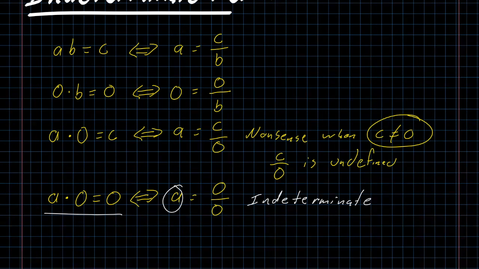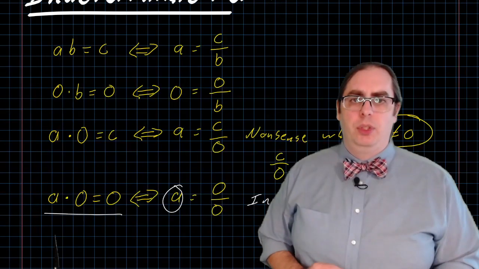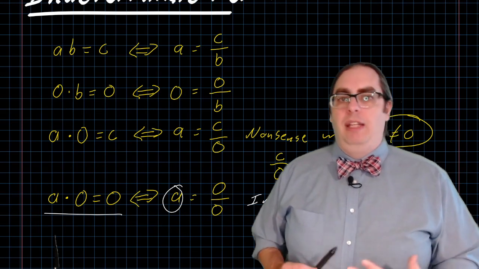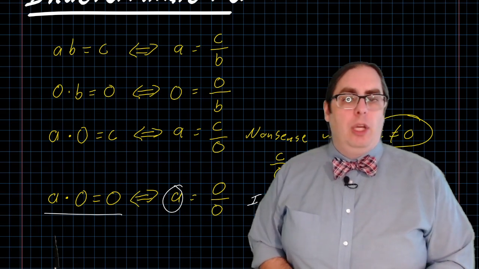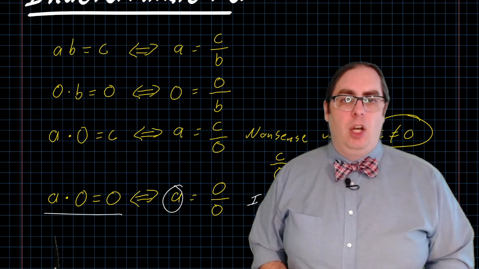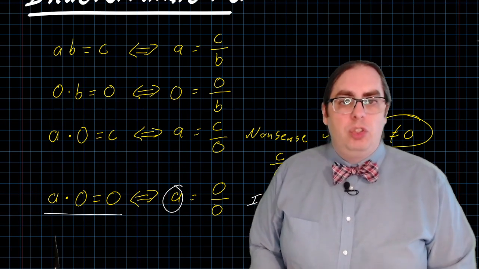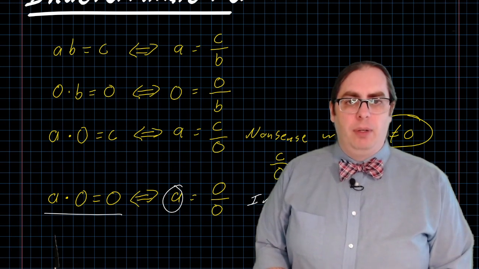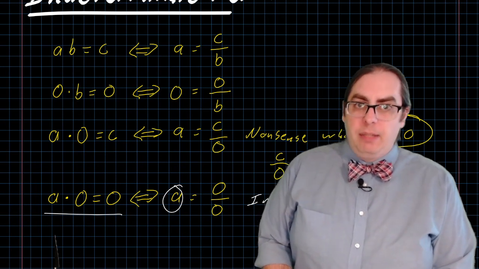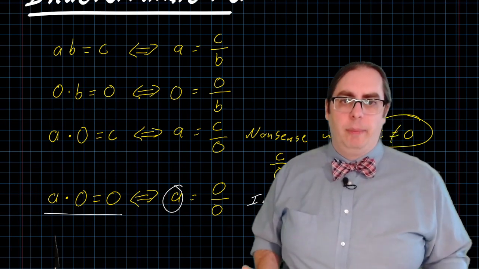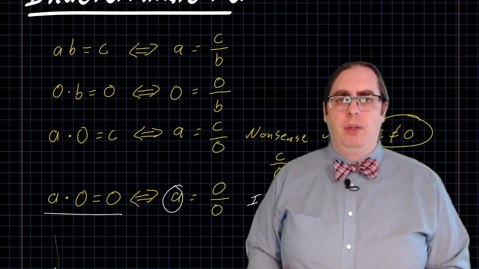Thinking about this from a different approach. You were taught in basic algebra that you can multiply or divide anything on both sides of an equation and the equation is still true. You just should never multiply or divide by zero. Never dividing by zero makes sense. We just talked about all the problems with dividing by zero.